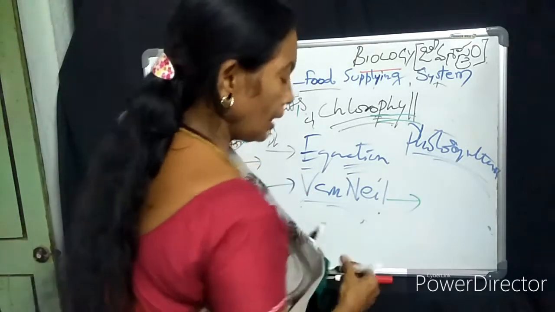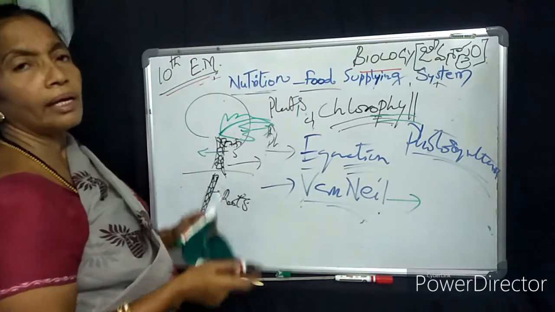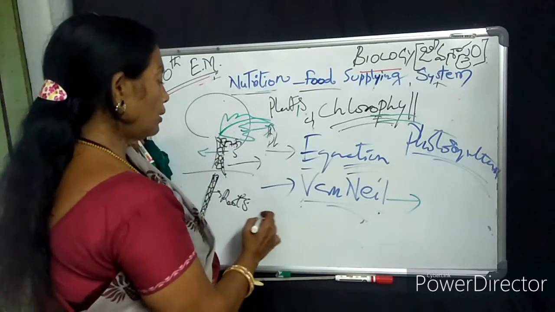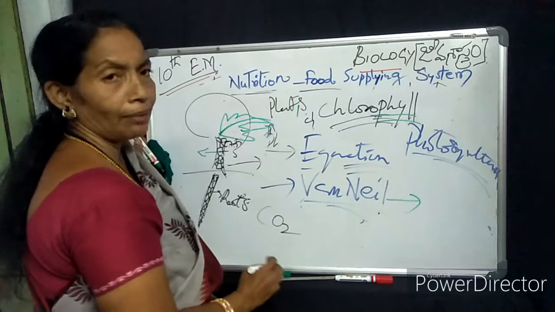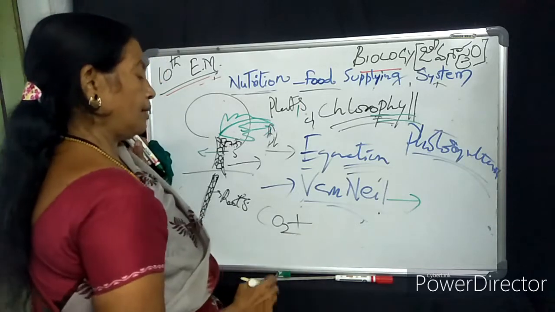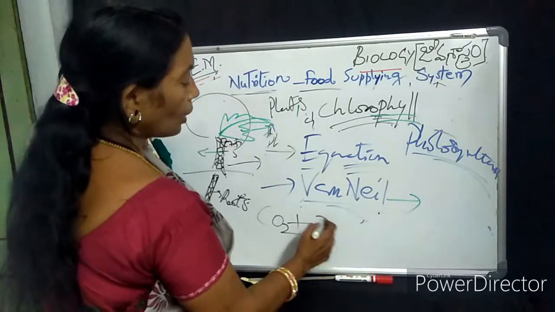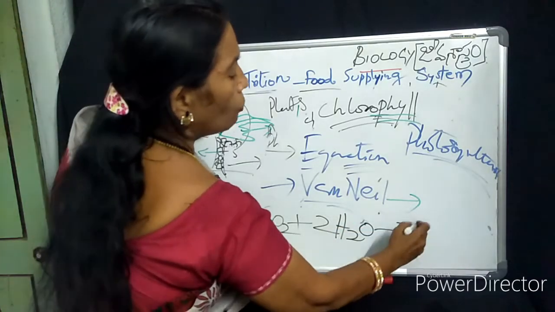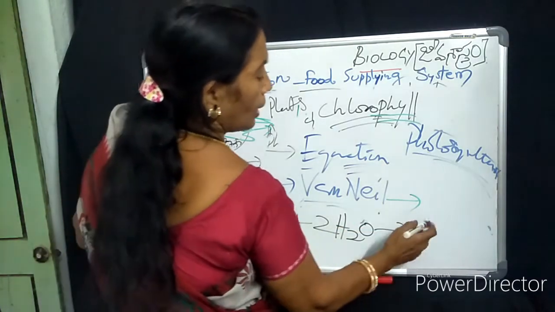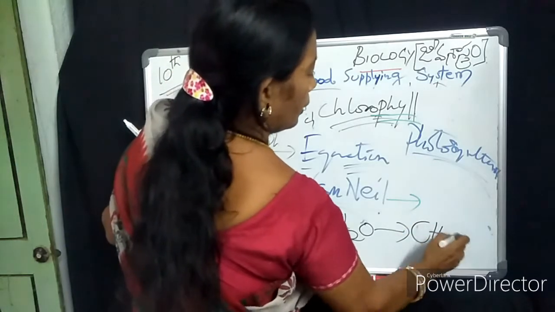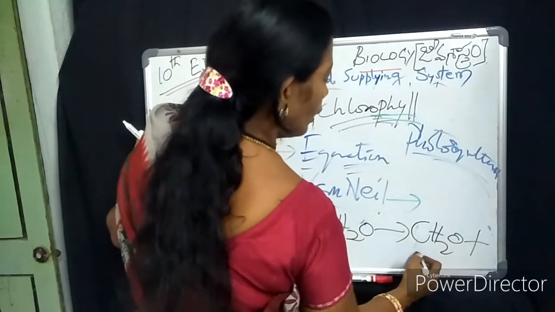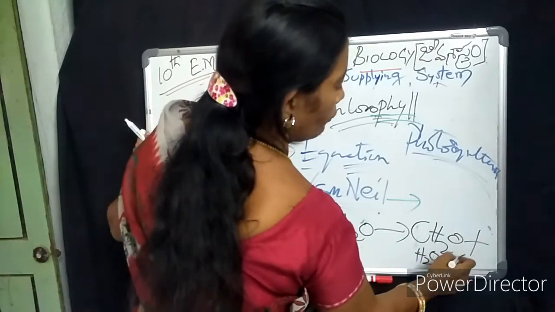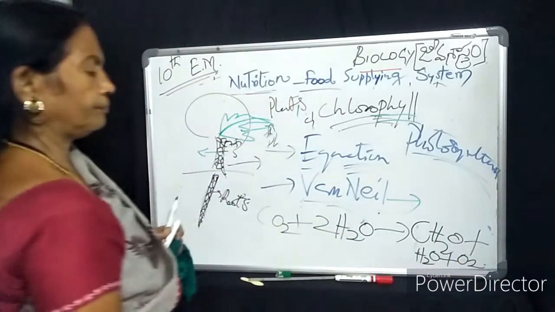He gave an explanation that one molecule of carbon dioxide reacts with two molecules of H2O to give one molecule of carbohydrate and one molecule of H2O, that means water, and one molecule of oxygen.